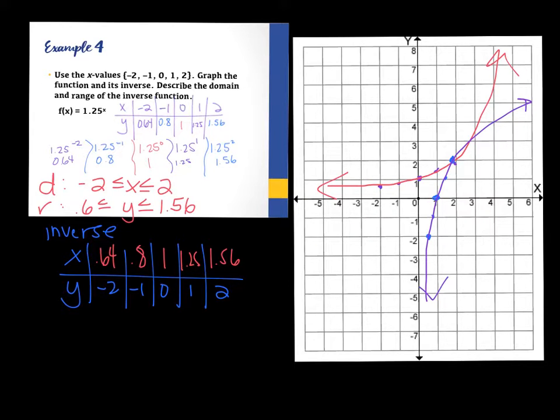So then how do I get domain and range of my inverse? Just switch it. So the domain is 0.64 less than or equal to x, less than or equal to 1.56, and then the range, -2 to +2.